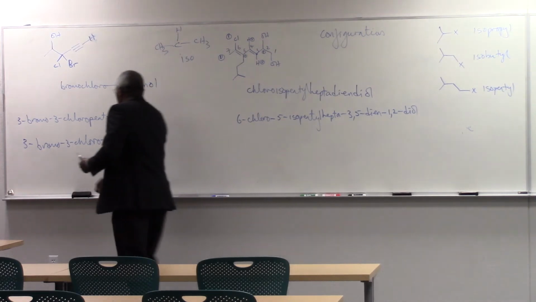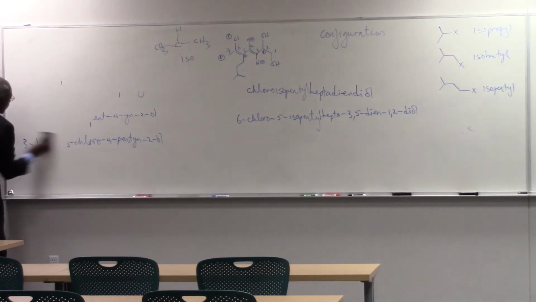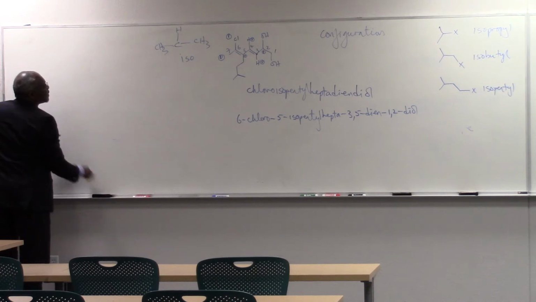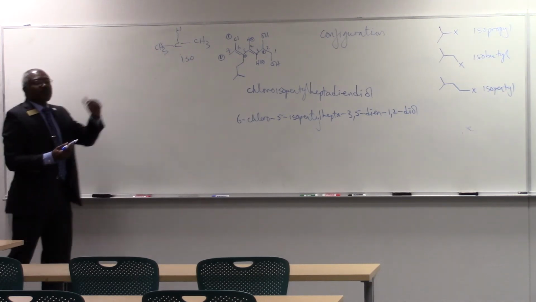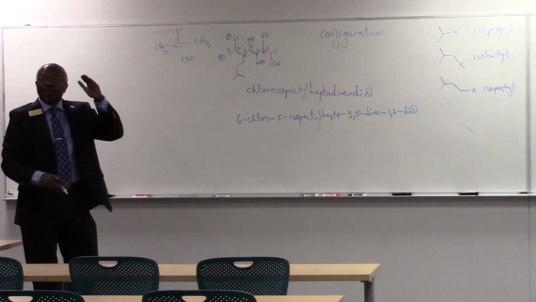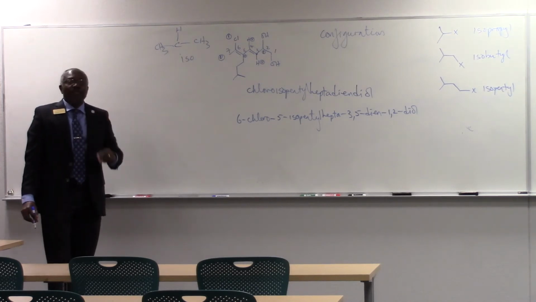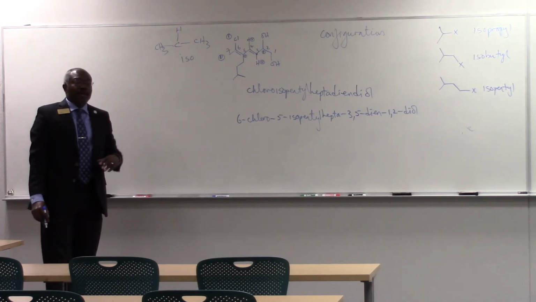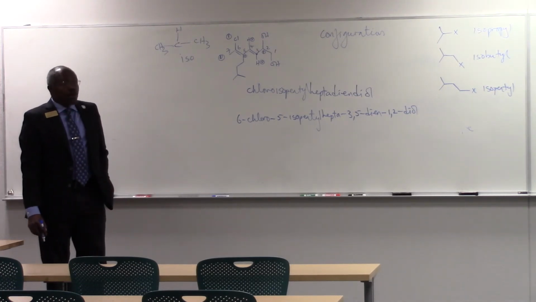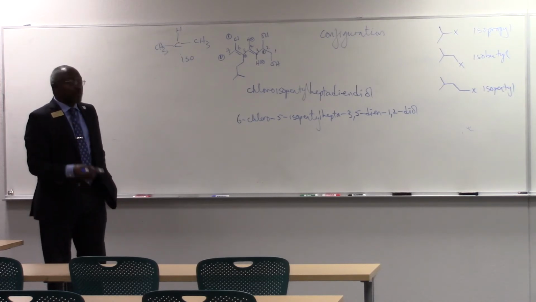Now, this brings us to a very interesting little point. Remember we talked about the first point of difference in determining your priority? So your first point of difference is based upon the atomic number of the atoms. And the higher the atomic number, the higher the priority. Or if they've got the same atomic number, like isotopes, then the higher atomic mass would win.